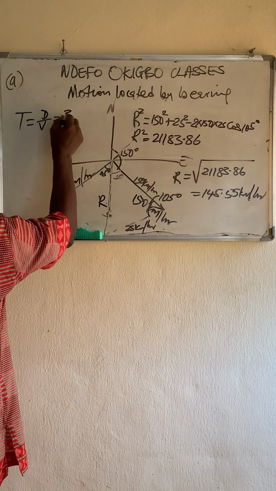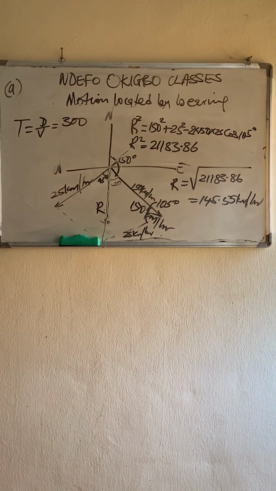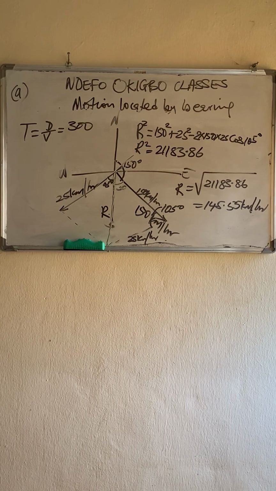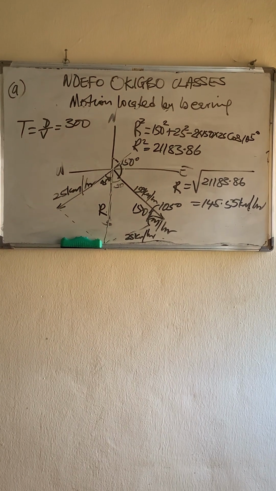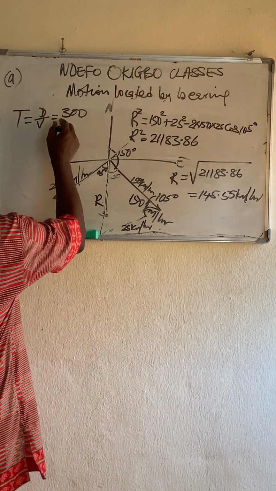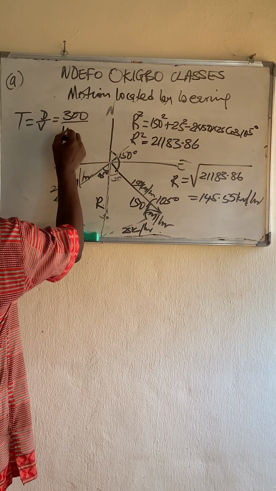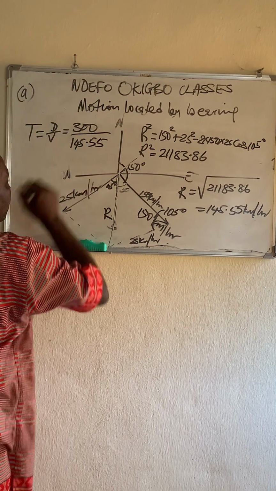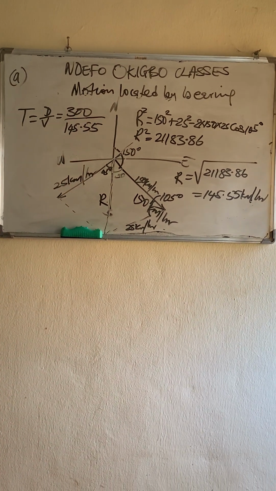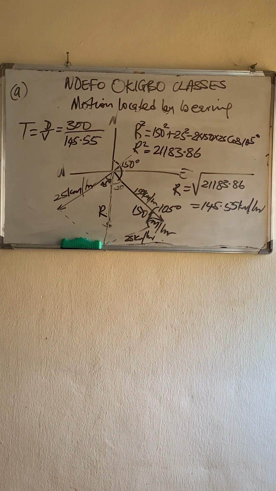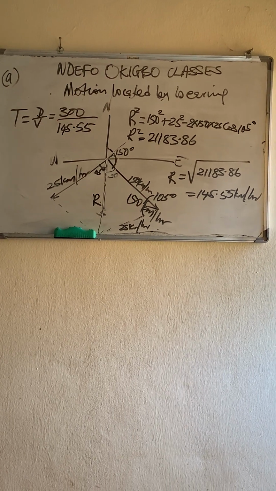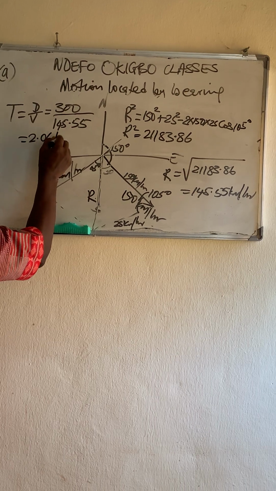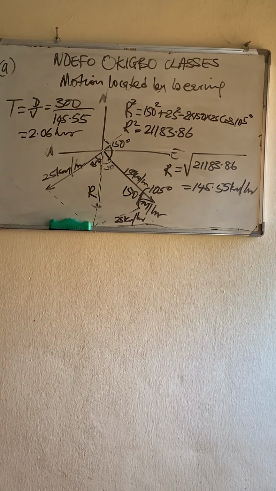The distance is 300 kilometers, divided by the velocity, 145.55. That will give us the time it took, which I got to be 2.06 hours.